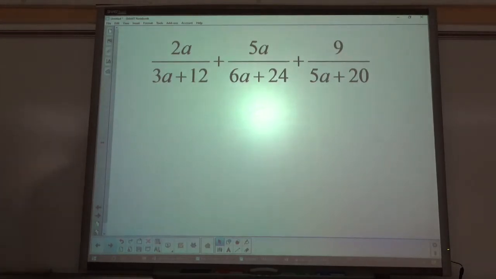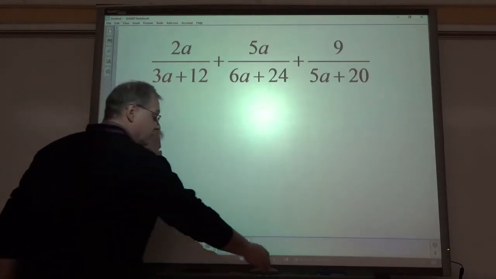Wow, that's a lot more complicated than the previous ones. And it's not obvious what the common denominator is. So if it's not obvious and it's got addition or subtraction involved in the denominator, I suggest you factor just the denominator.